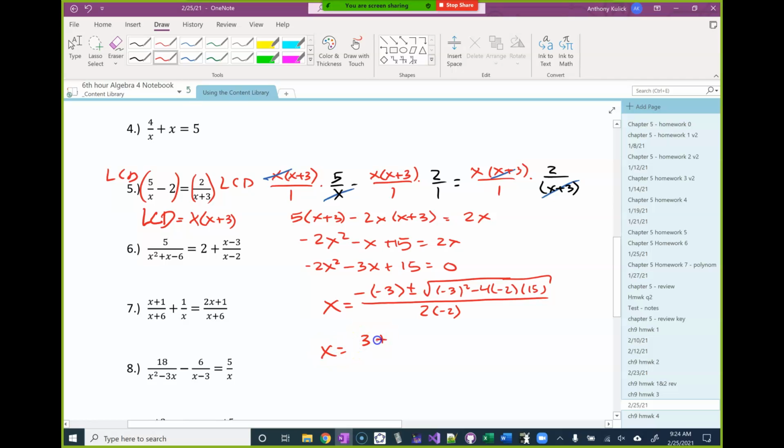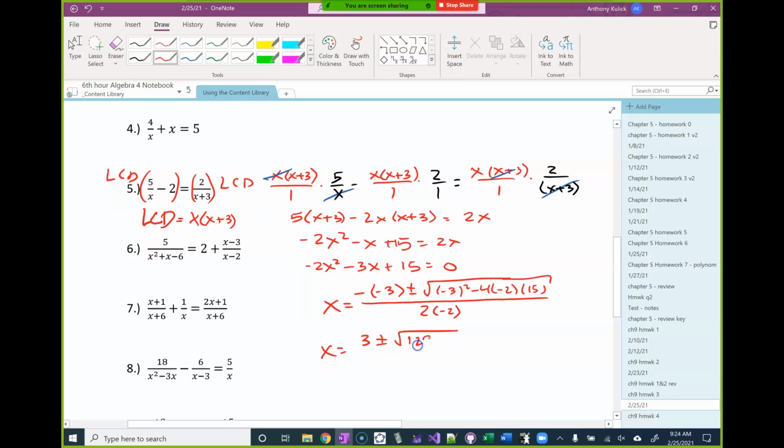So when I do that, I get positive 3 plus or minus the square root of 9 plus 120, I think. Let me just double check that on my calculator. I don't want to goof that up. It is early enough in the morning that I don't trust myself.